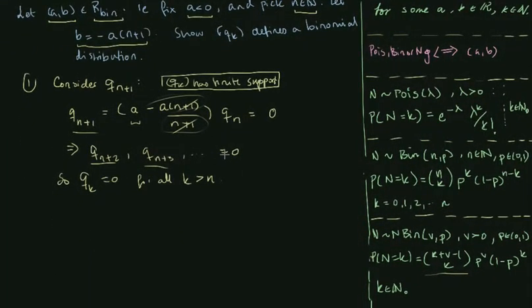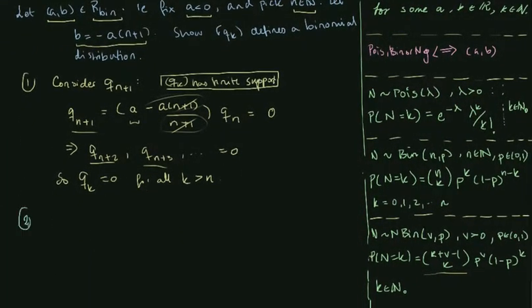So now let's take a look at how the point probabilities look. We want to show that in some way the q_k look like the point probabilities in a binomial distribution. So first we should say let k be smaller than or equal to n, since q_k is 0 otherwise. Then q_k is equal to a minus a(n plus 1) divided by k multiplied by q_{k-1}.